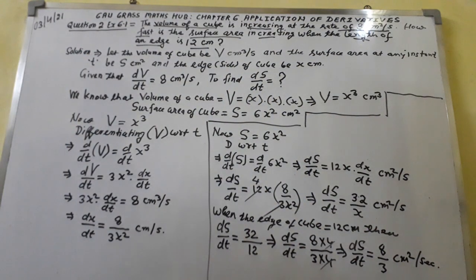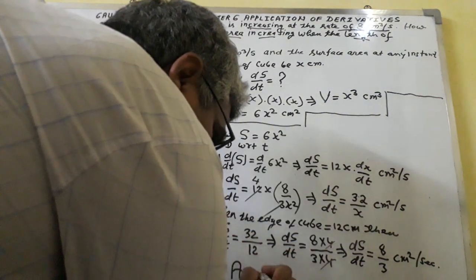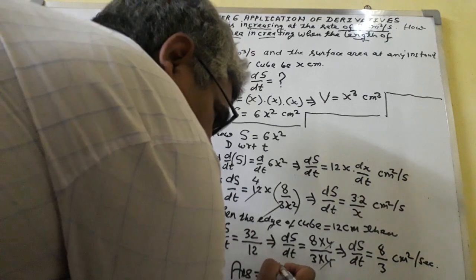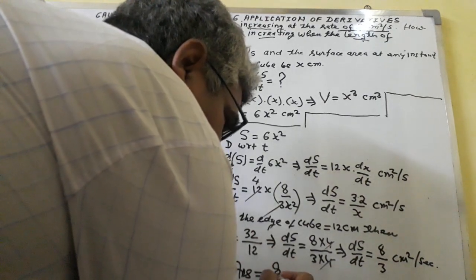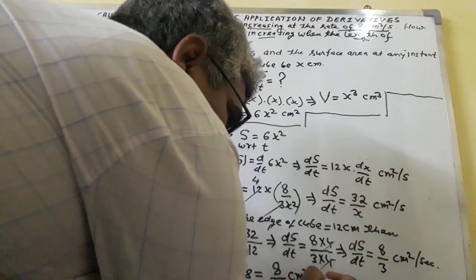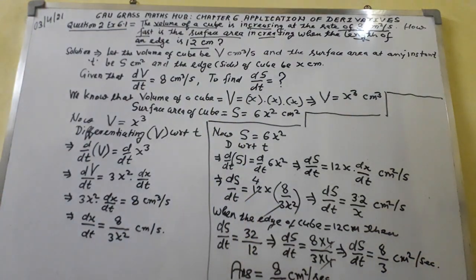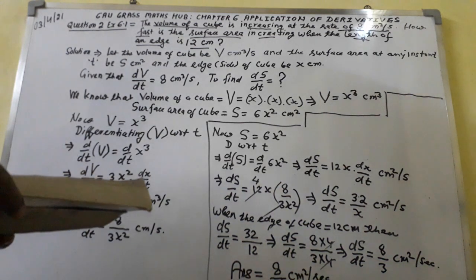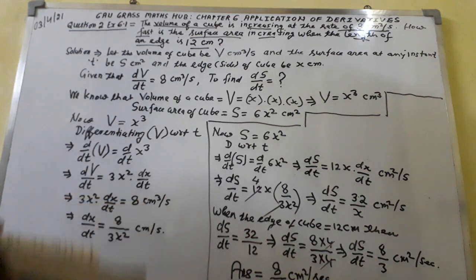Answer you have got, answer equal to 8 over 3 centimeter square per second. This will be the correct answer. Just I shall check the answer whether it is correct or not. Yes. Answer will be 8 over 3 centimeter square per second.